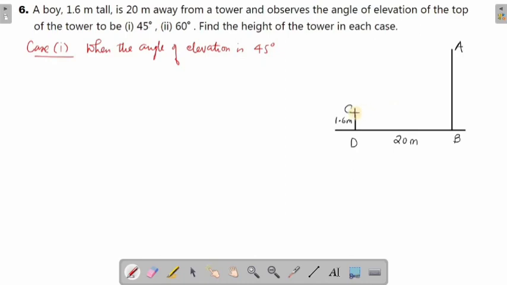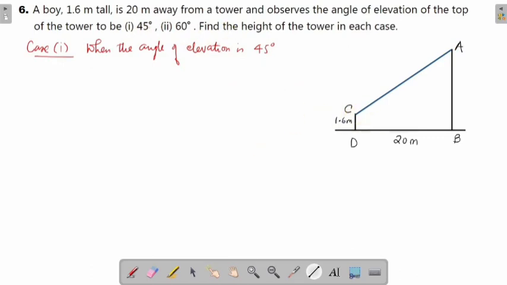Obviously, if you want to look to the top, you have to look from C, isn't it? If I look to the top from C, we get somewhat like this. Now the question says the angle of elevation is 45 degree. Which angle are they talking about? This particular angle.